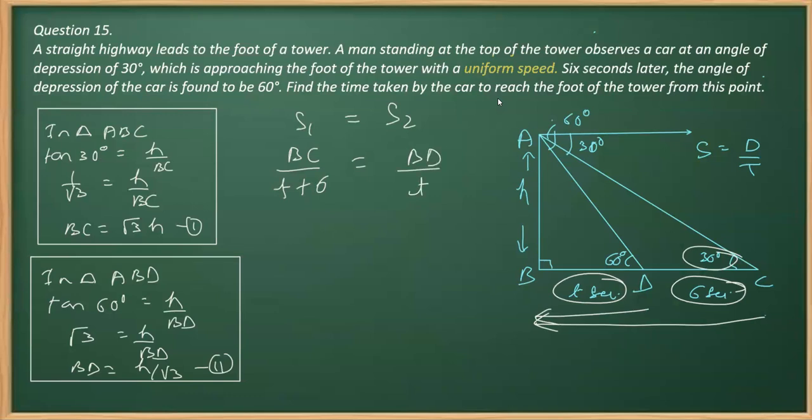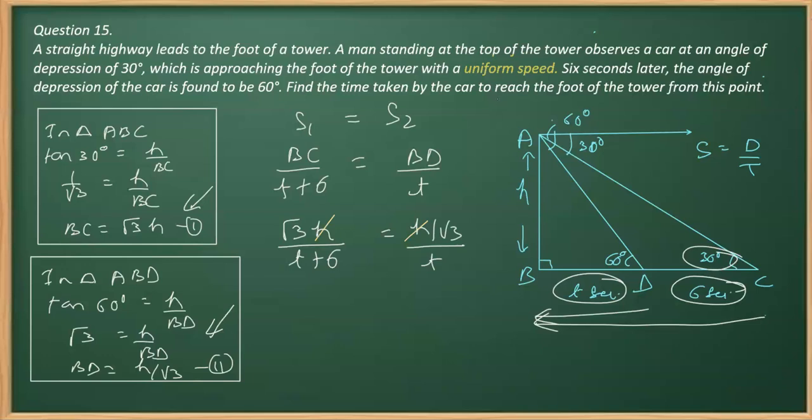Now, we are going to replace BC and BD with their values from here and here. BC is root 3 H, and the time is T plus 6 seconds. BD is H over root 3, and the time taken is T seconds. Before cross multiplication, we can see that H and H get cancelled.